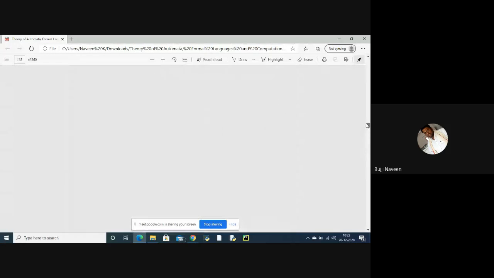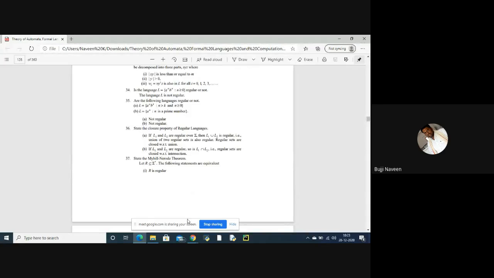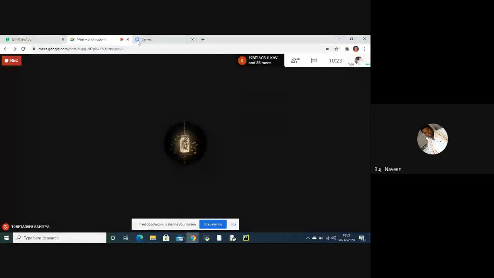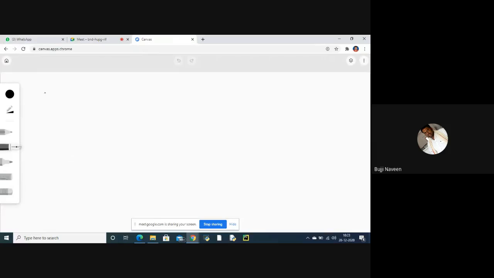Okay, our next topic is construction of push-down automata for the given grammars. Now we need to construct push-down automata for the language L = a^n b^n, where n is greater than or equal to 1.